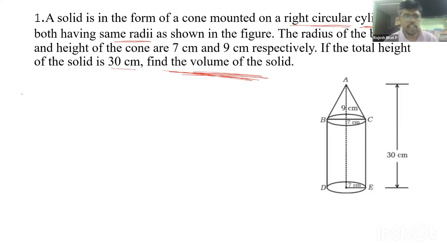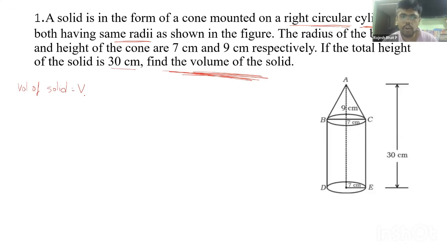I have drawn the diagram. The next thing that you should do, after you draw the diagram, is write the formula. For this, what should I find? I should find the volume of the solid. What is the volume of the solid? Very simple, don't get confused.